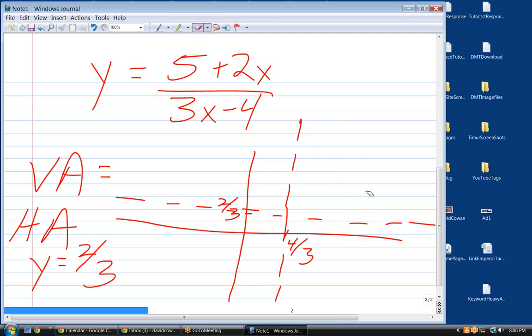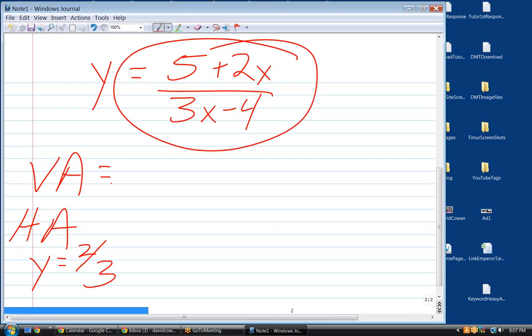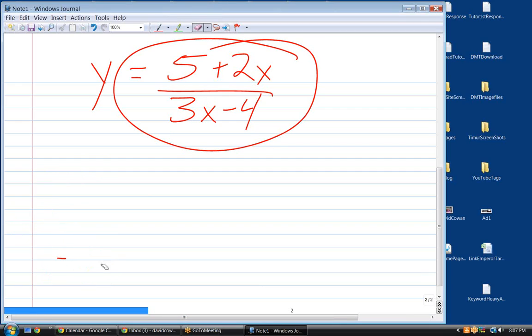Now, let's go over the horizontal asymptotes. The vertical asymptotes are easy, just whatever makes the denominator 0. But the horizontal asymptotes can get a little more complicated. First of all, we know the situation when the highest degree polynomial is the same.